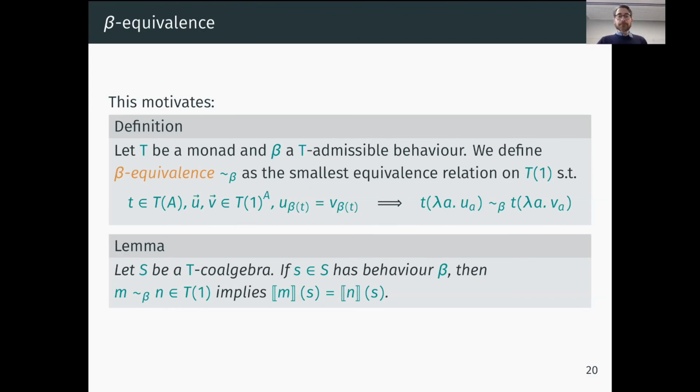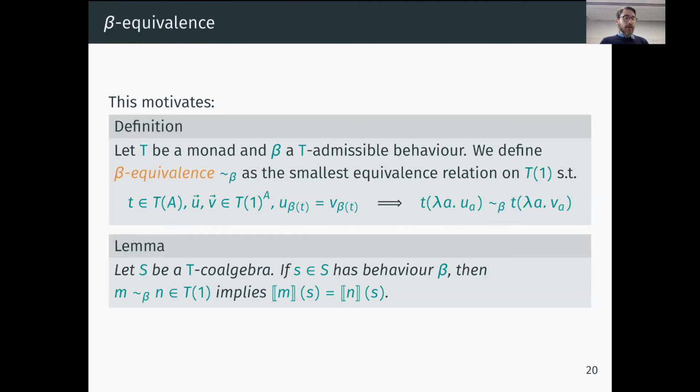Okay? And so the little lemma is that if I've got a state of my coalgebra that has behavior beta, then whenever two unary terms M and N are beta equivalent, they'll always act in the same way on my state S. Okay? Okay.